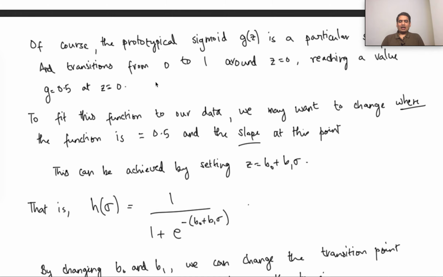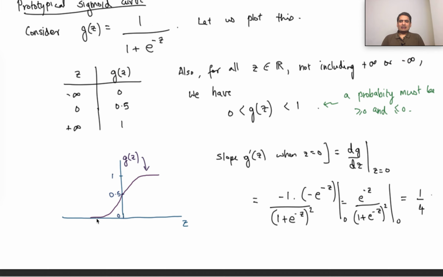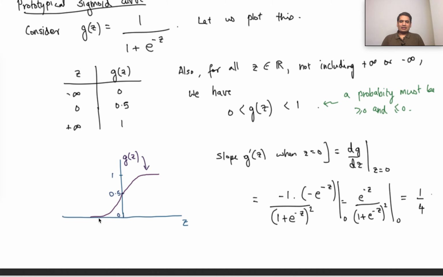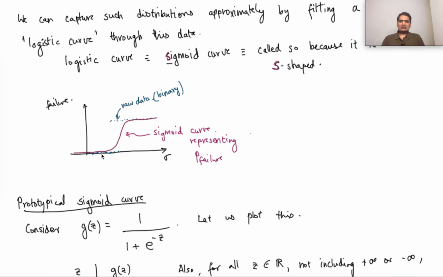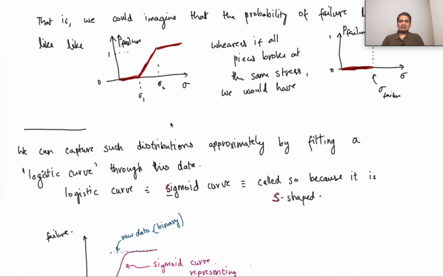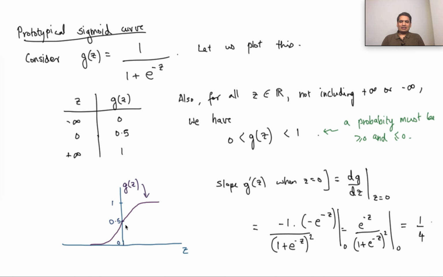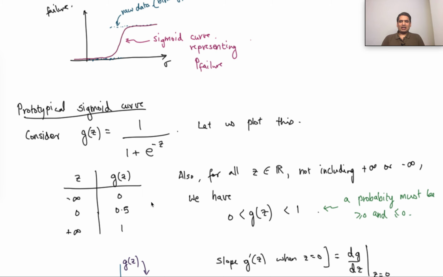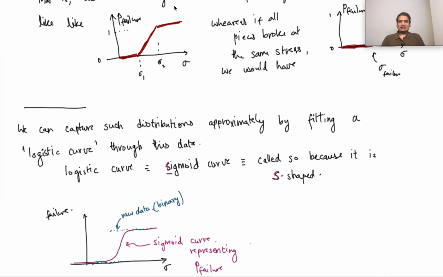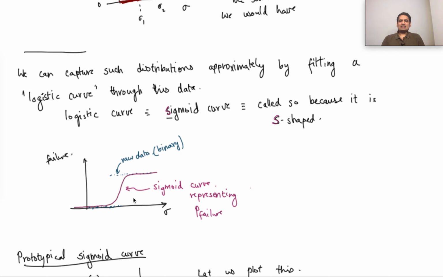Now, clearly this curve, although it looks like some curve like this or some curve like this, is not quite like that. Here this is piecewise linear, but let's say we want to approximate this piecewise linear curve with a sigmoid like this.